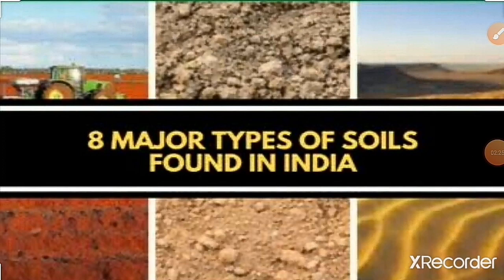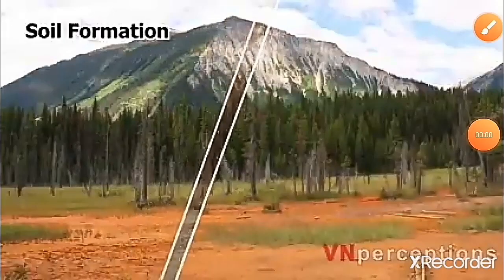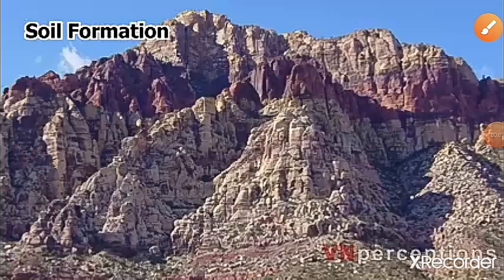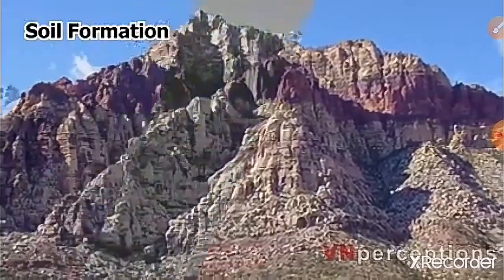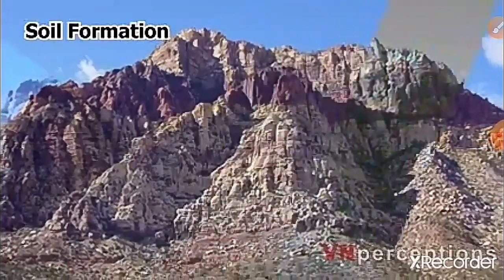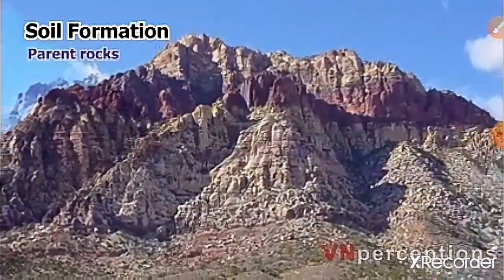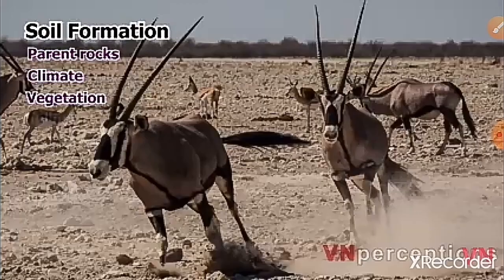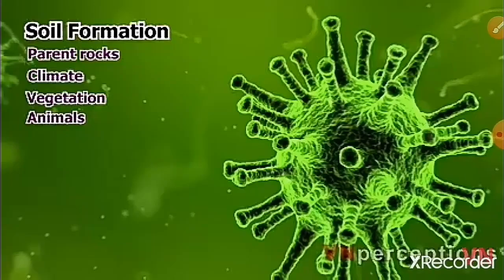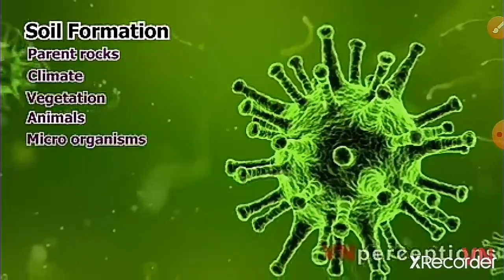First, we will see the formation of soil. Soil formation is a beautiful process. It takes 100 to 1000 years for the formation of soil. And the factors involved in the formation of soil are parent rock, climate, vegetation, animals, and microorganisms.